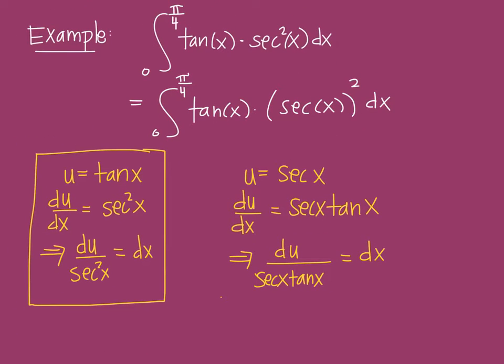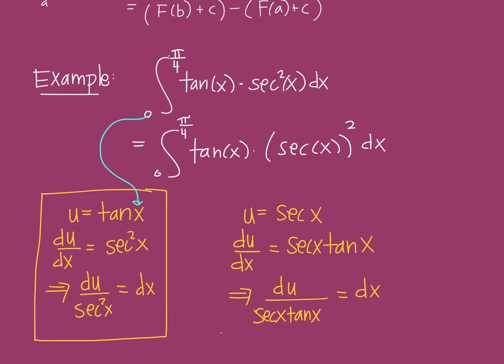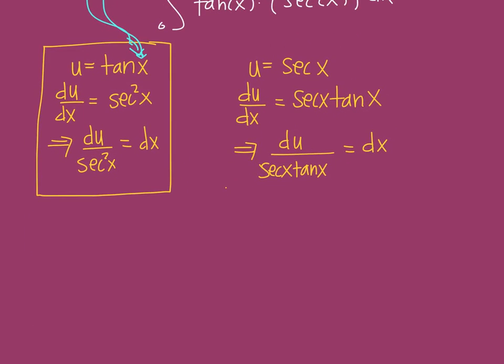In other words, you need to take 0 and plug it in for x in your u substitution and see what you get. You also need to take pi fourths and plug it in to the value of tan x and see what you get. So let's kind of track that.